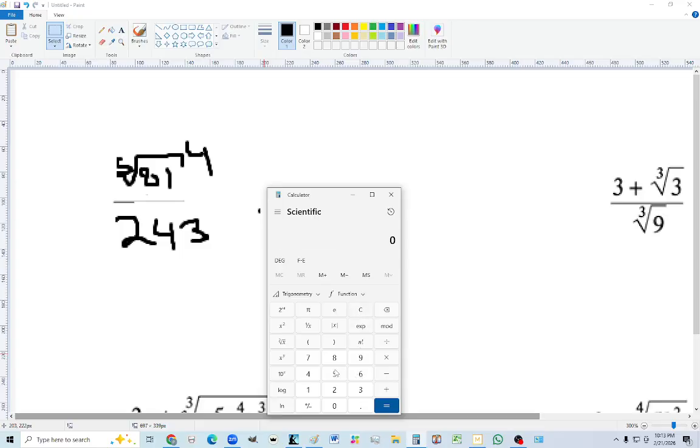But we should again learn some of the basic 5 roots, like 4 times 4, 4 to the power of 5, 1024. And we should see if it's in there.